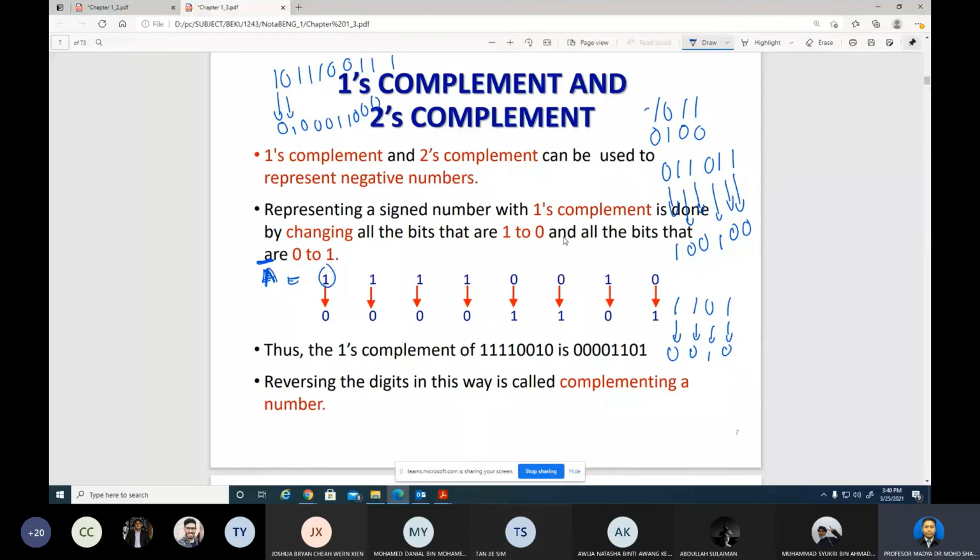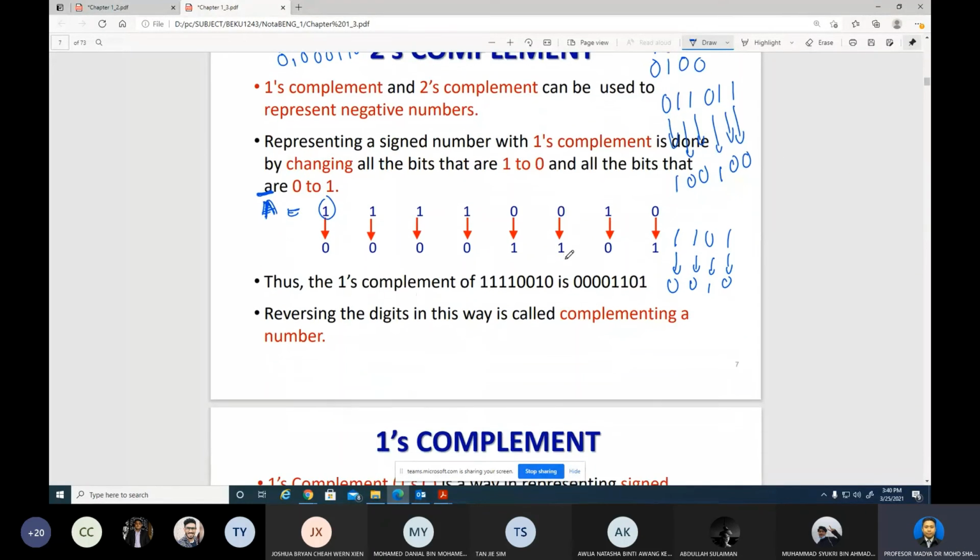Straightforward. No need to use your calculator. For the first complement, just invert the input. For example, 1 inverts to 0, 0 inverts to 1, and then 1 inverts to 0, 0, 0, 1, 1, 0, 0, 0. That is what we call the first complement.